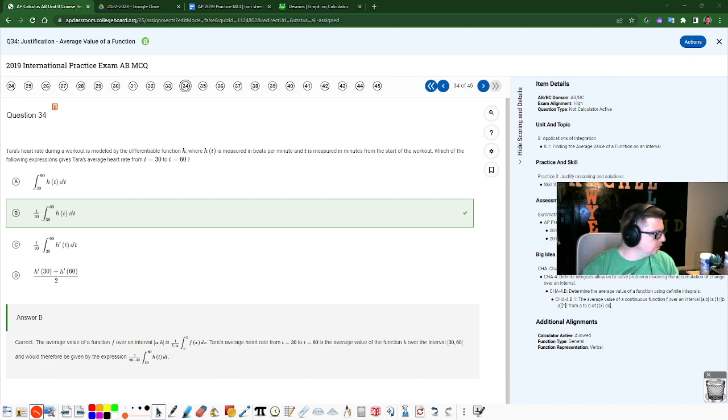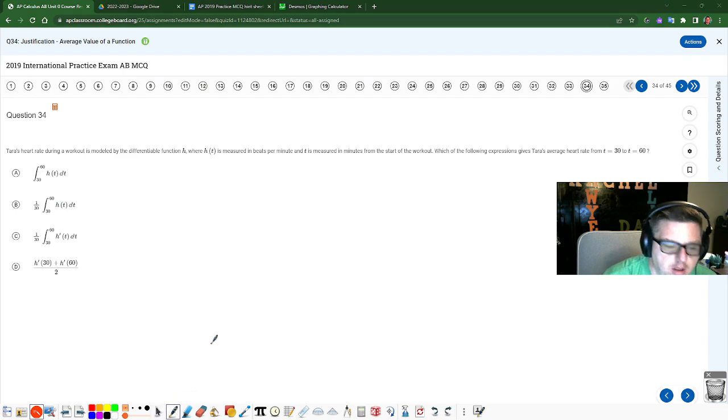Sure. If we look at it from a ratio standpoint, okay, this is probably a better way to think about it. So I did make a mistake. When we want this, which of the following expressions gives Tara's average heart rate?